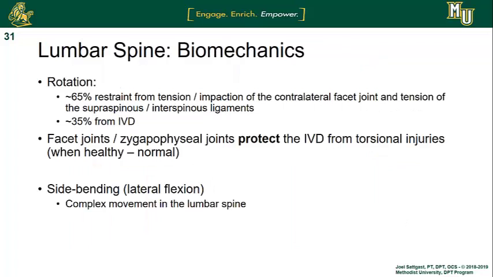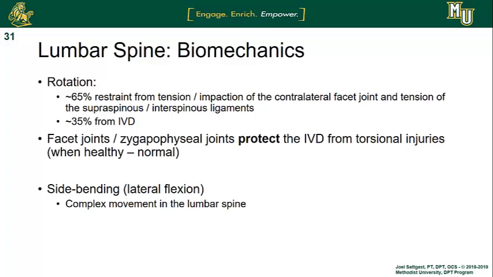Moving now to rotation, 65% of the restraint here is seen from tension or impaction of the contralateral facet joint, as well as the supraspinous and interspinous ligaments, while a third is from the intervertebral disc itself. Again, keep in mind the orientation of those annular fibers, one layer onto the next.